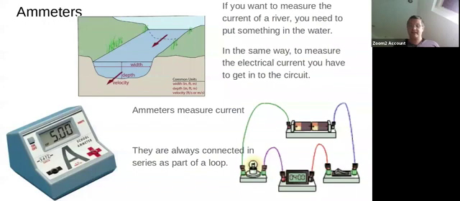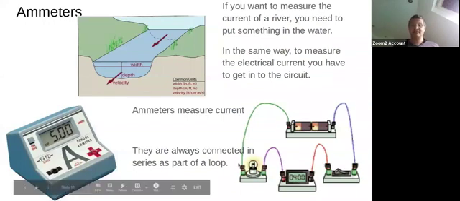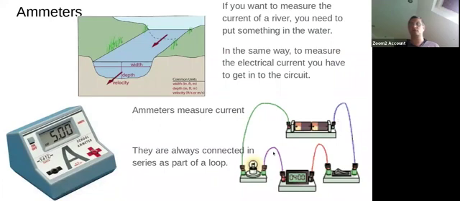In the same way, if I have this circuit, I need to make the ammeter, this box that measures current, part of the circuit. So this is one big loop, and here's my ammeter, which is telling me I've got a current of 4 amps. So ammeters are always connected as part of a big loop to measure, and it doesn't matter where you put them in that loop, it should be the same all the way around that flow.